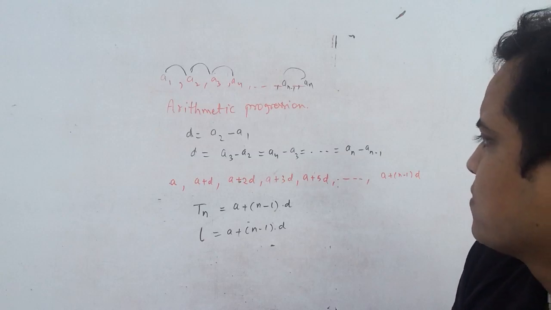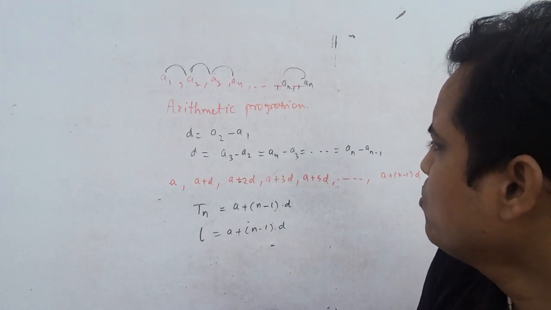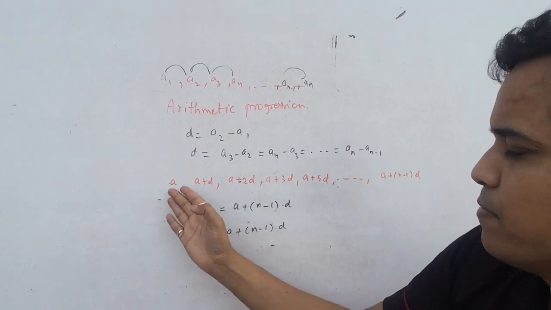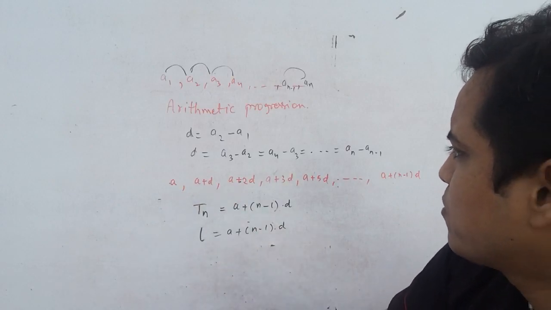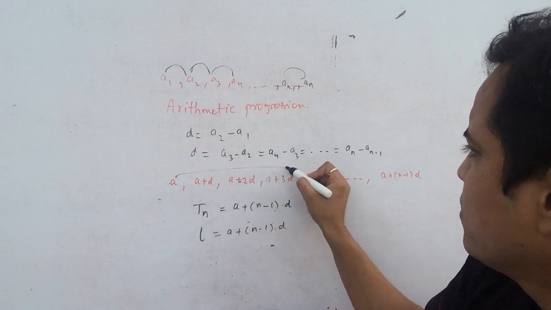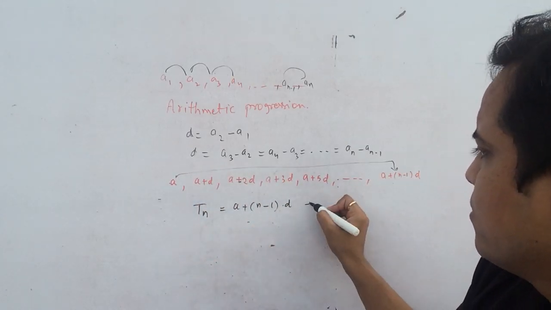Alright, yes. So if you want to find the nth term from the starting, from the beginning, what would it be? The nth term would be A plus (n minus 1) into D. So you can write it from beginning.